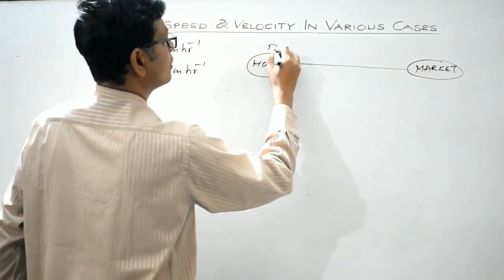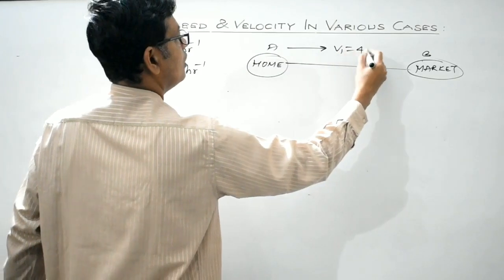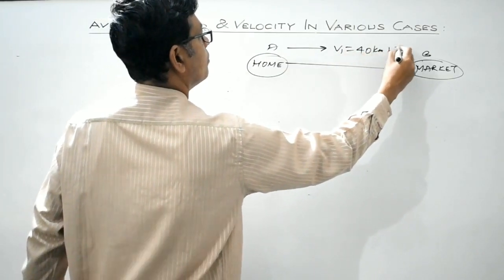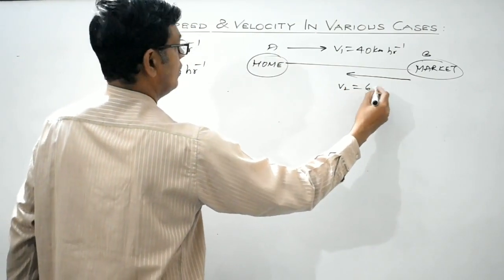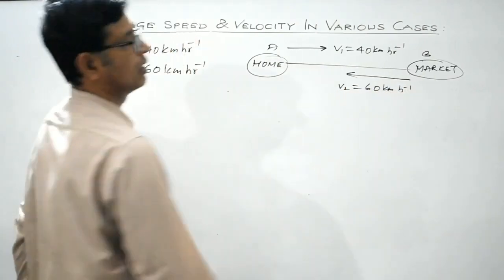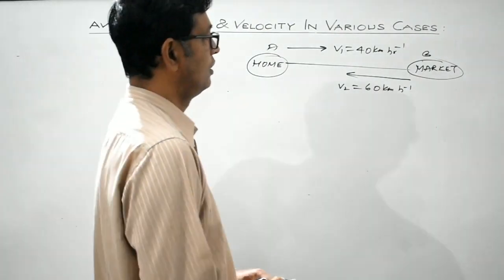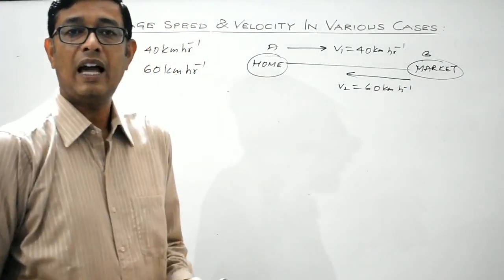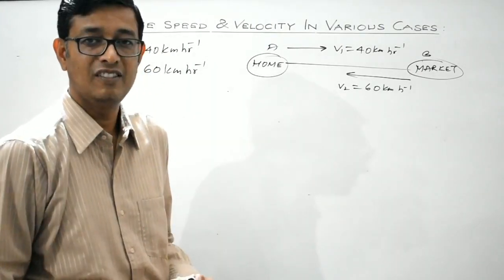So suppose this is A, this is B. He goes from A to B with a speed of 40 km per hour and comes back from the market to home with a speed of 60 km per hour. So, what will be the average speed and average velocity of the person throughout the journey?